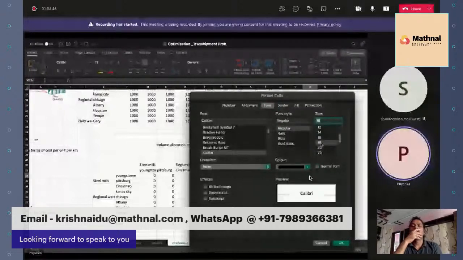Now click OK. Should I select this normal? Yeah, you have to select normal font. But while I am selecting this normal font, it is taking 12. Now click 18 again. Okay, now we will do one thing. Click OK now.